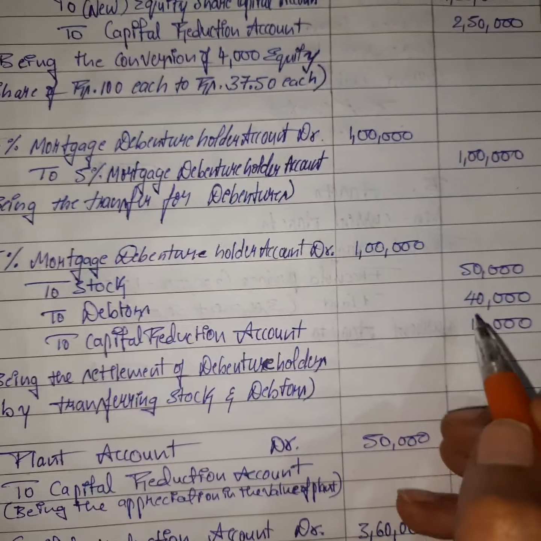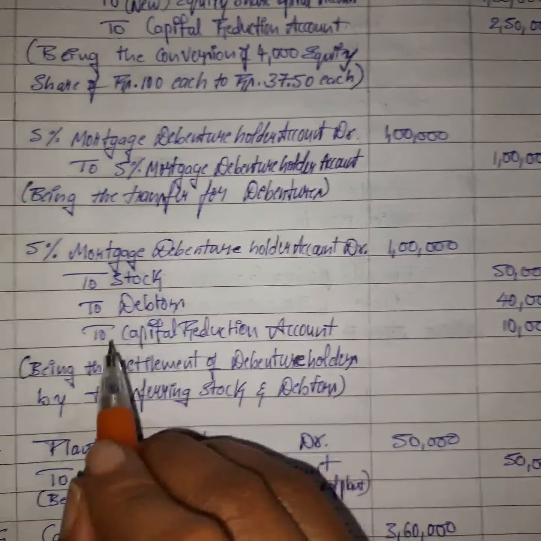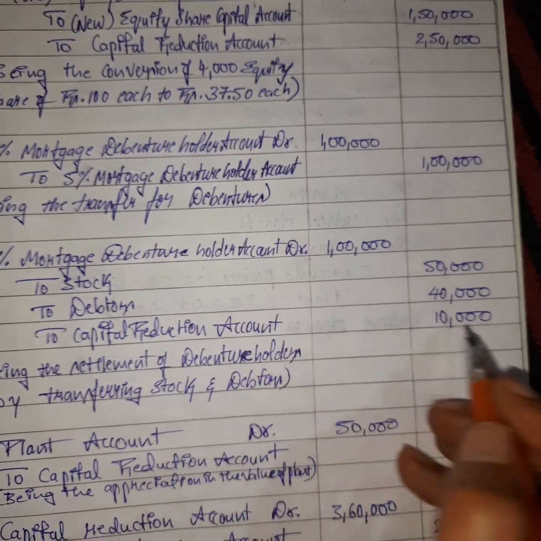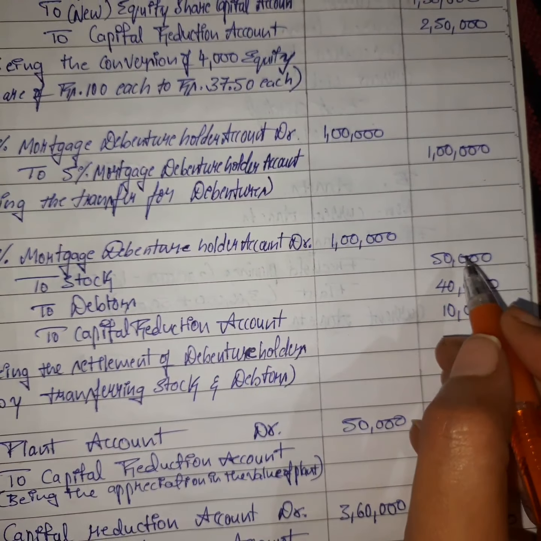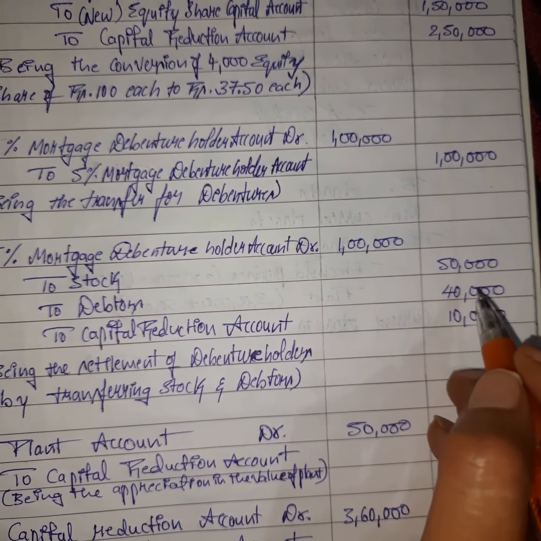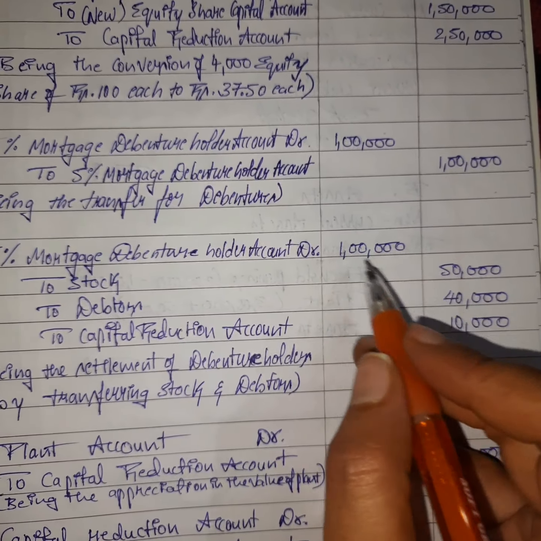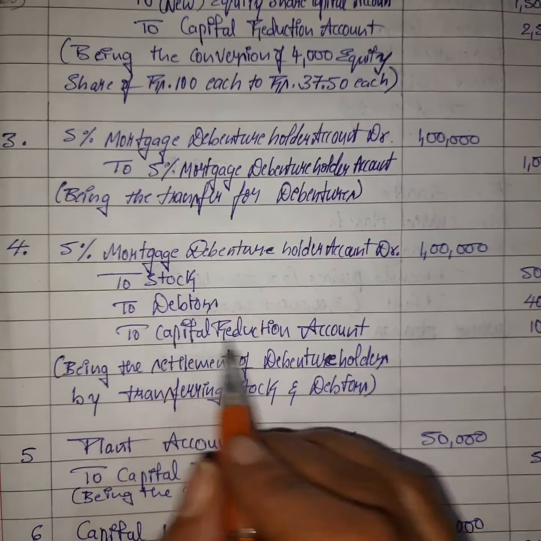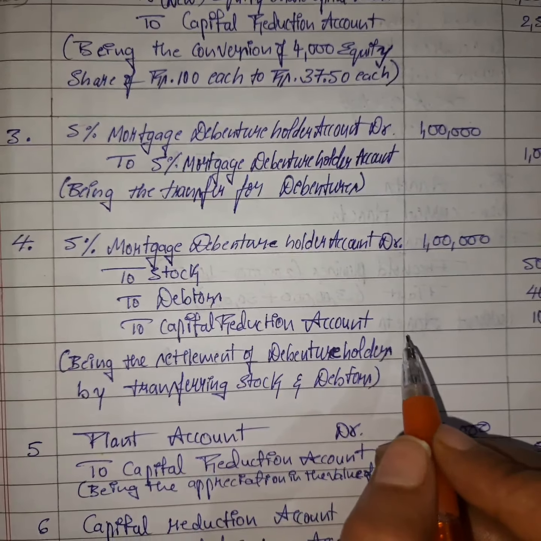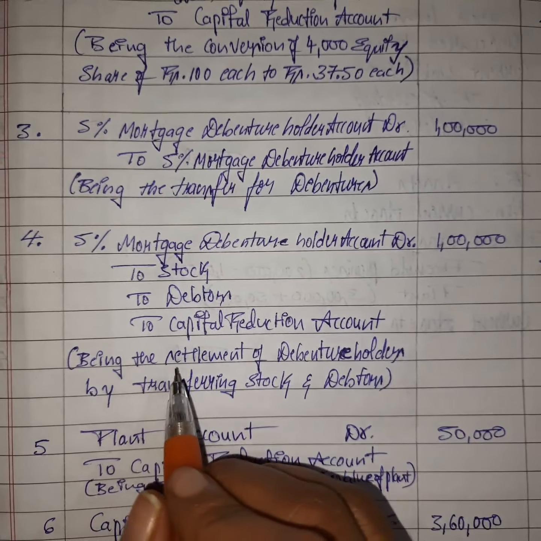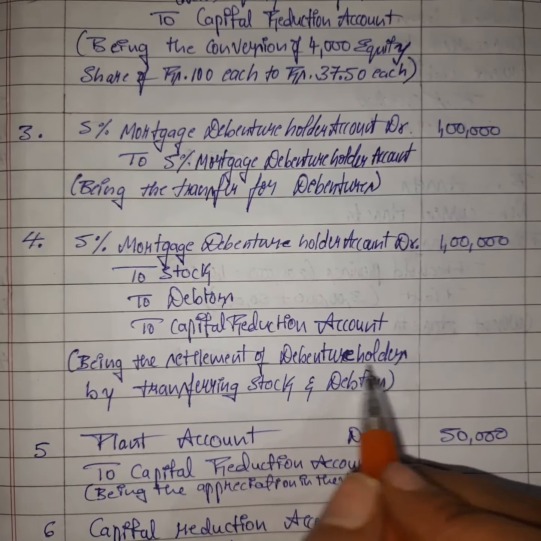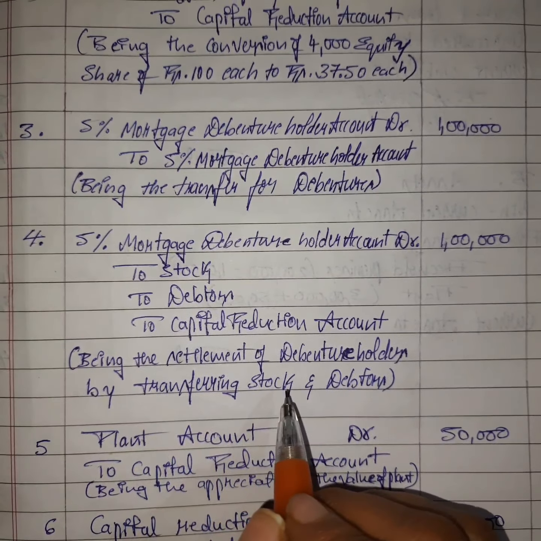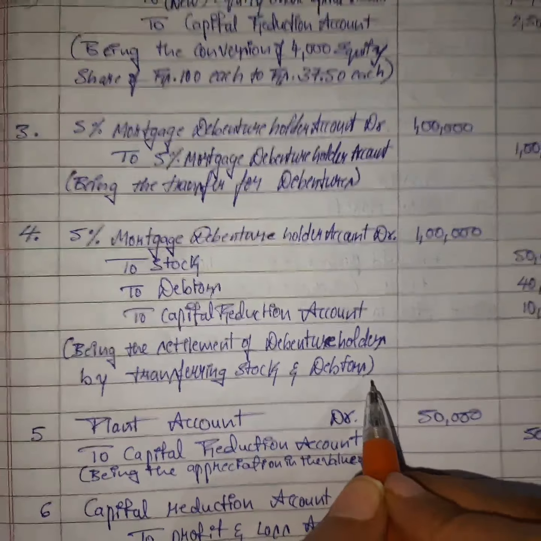The remaining amount is a reduced amount, to capital reduction account 10,000. 50,000 plus 40,000 is 90,000, which will be deducted from the 1 lakh. The 10,000 is the reduced amount, you will be mentioning to capital reduction account, being the settlement of debenture holders by transferring the stock and debtors.